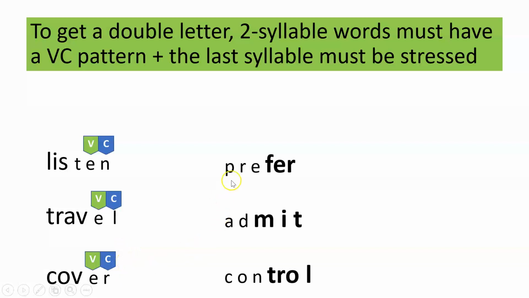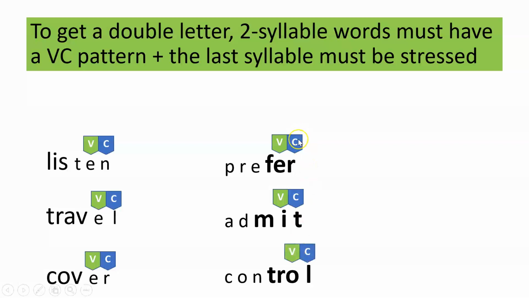Now, when we get to these words which are different, when I say prefer or admit or control, the stress is on the second part of the word, and we have a V and C at the end of the word.